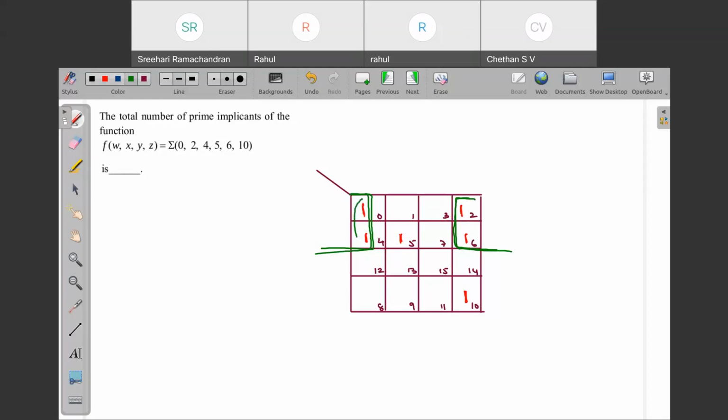Don't consider this as a group of 2 like this one and this one. No, this is wrong. If you have an alternative, you can make a group of 4 for these 4 ones, but you cannot make a group of 2. So prime implicants are how many? Prime implicants are 3 over here. So Chetan, have you understood?